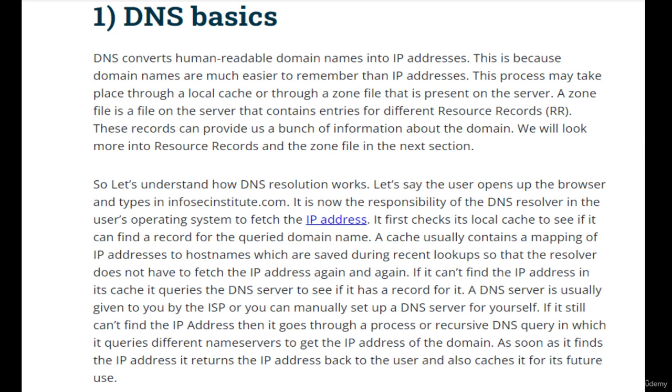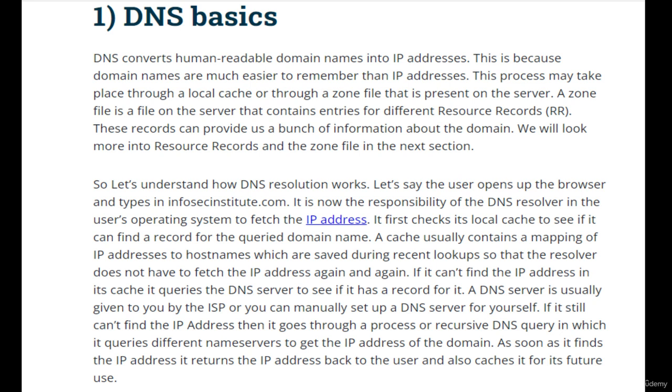Let's say the user opens up the browser and types in info.sense.com. It is now the responsibility of the DNS resolver in the user's operating system to fetch the IP addresses.